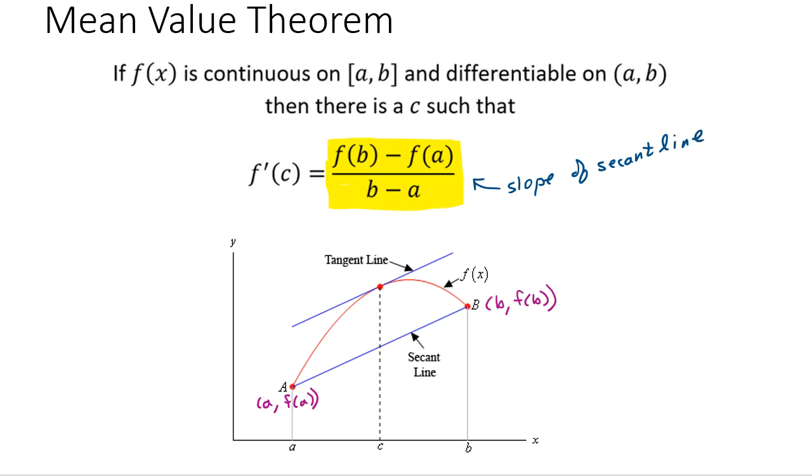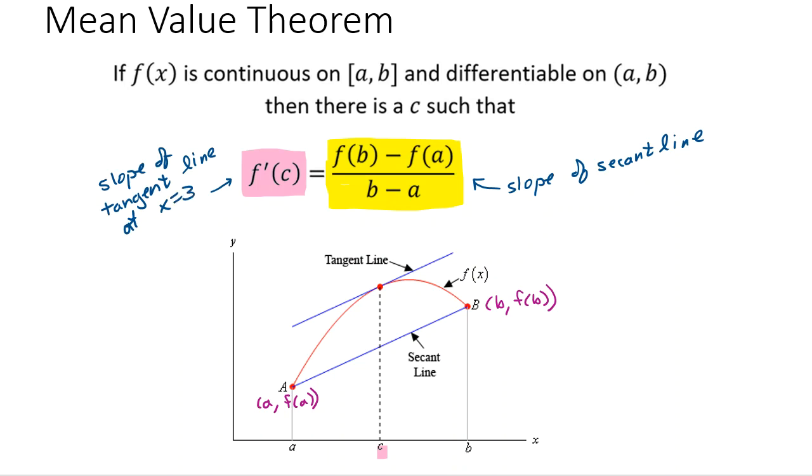So what the mean value theorem says is there's some value c in this interval such that f prime of c, the slope of the tangent line at c, is equivalent to the slope of the secant line between those two points.